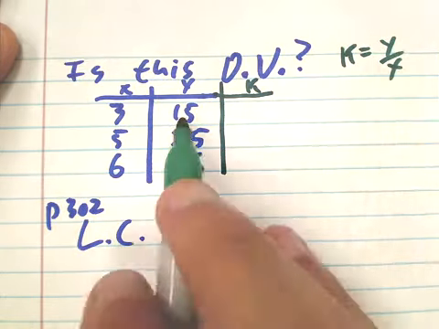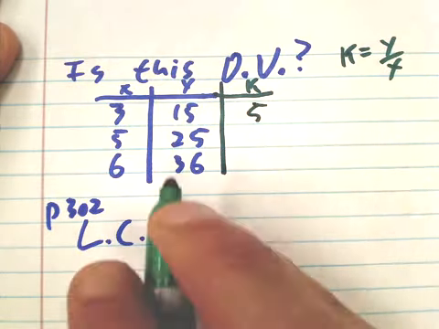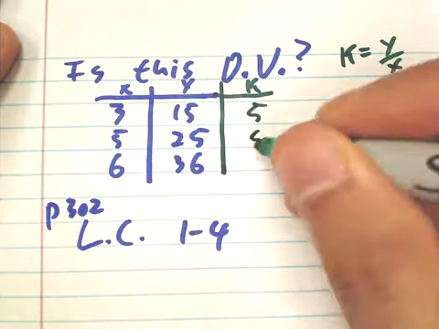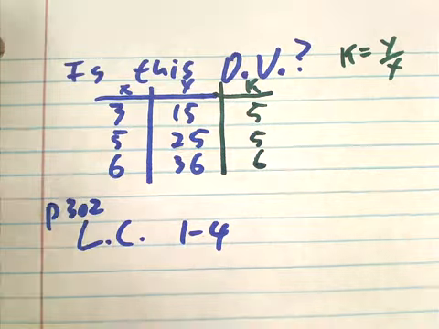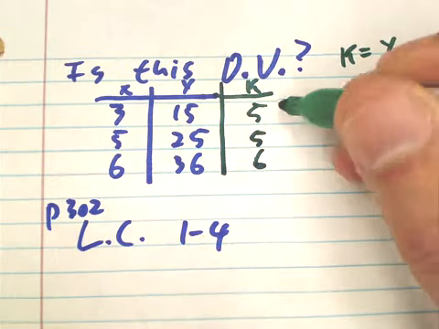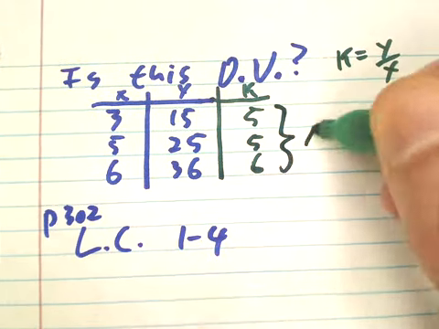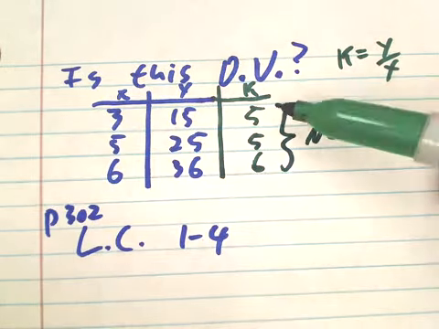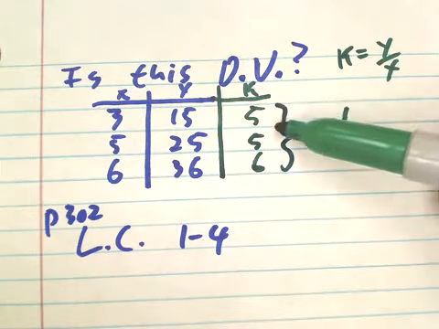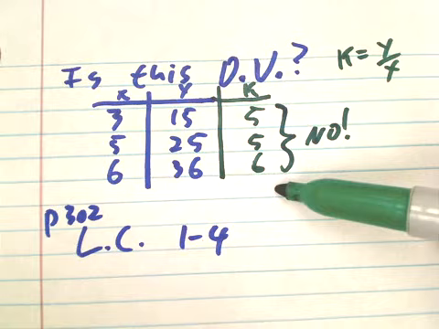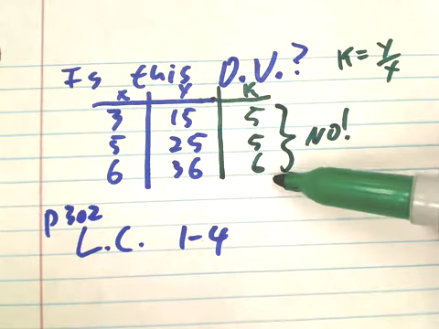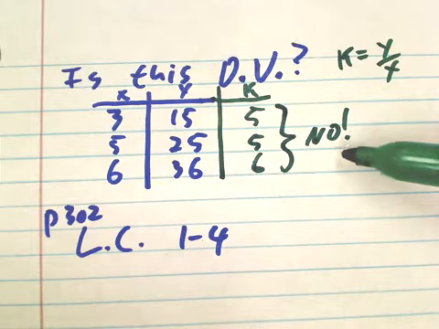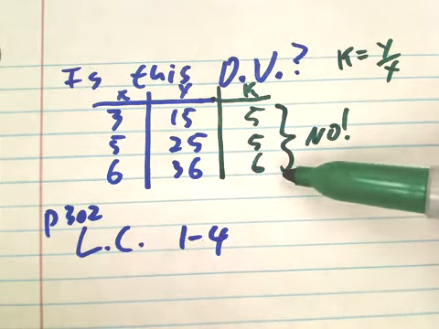So y divided by x. 15 divided by 3, that's 5. 25 divided by 5, that's 5. And 36 divided by 6 is 6. Well, that's not a constant, so I would say no. If this was the same number each time, I would say yes, direct variation, and k is that value. If it's not the same each time, we're just going to say no. And that's all we can do there.